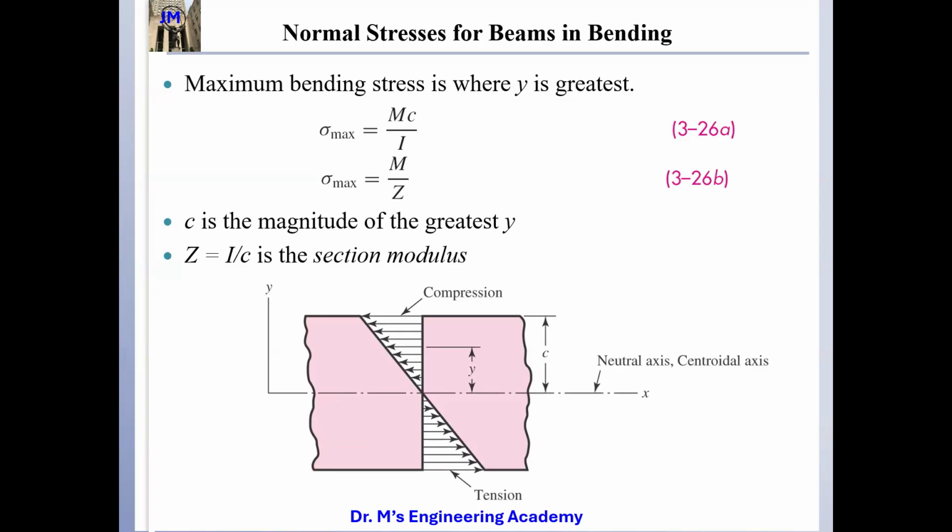So here, this is the distance C. So the maximum can be written as M divided by capital Z, where the capital Z is I divided by C. We introduced another concept, Z, the section modulus. Z equals I divided by C, where C is the distance between the outer layer and the neutral axis.